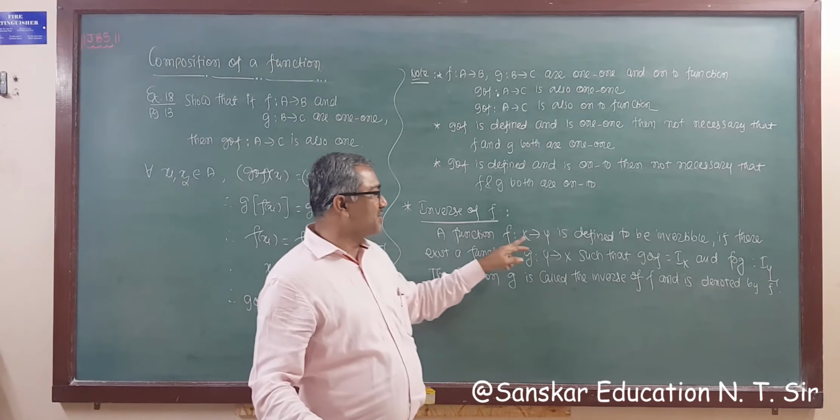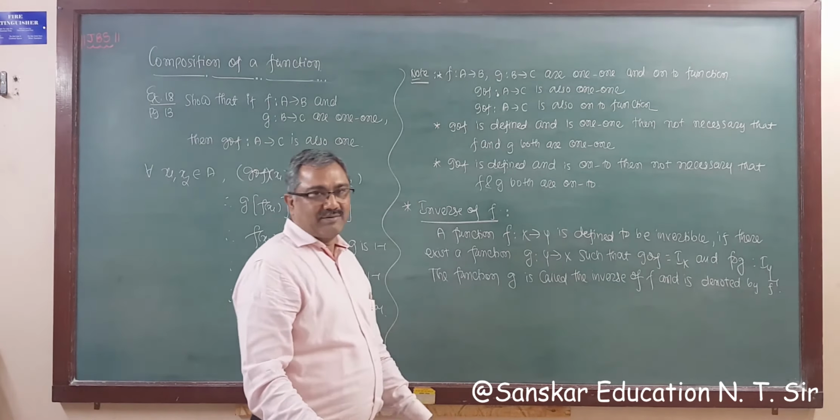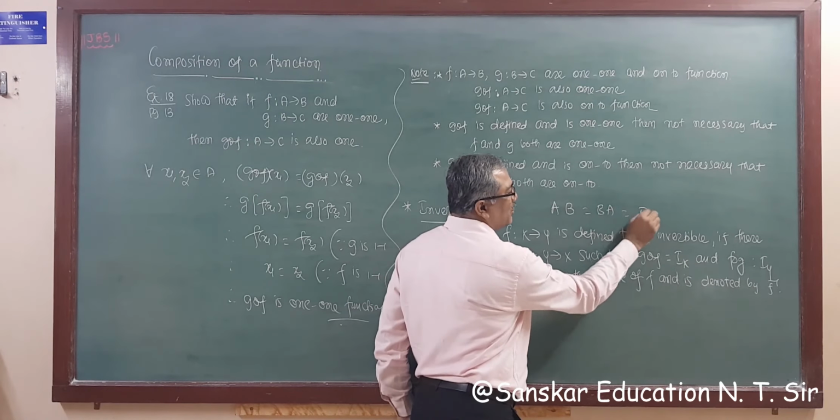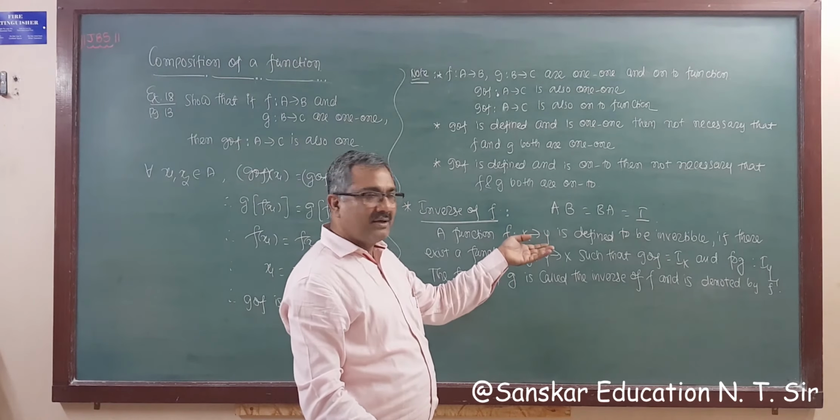The function f: X to Y is defined to be invertible, right? Invertible means the inverse of f and g both exist, if there exists a function g: Y to X. This is the same as we did in matrices. Matrix A is said to be an invertible matrix if there exists a matrix B such that AB is equal to BA is equal to I, identity matrix. So the same thing is here, right?